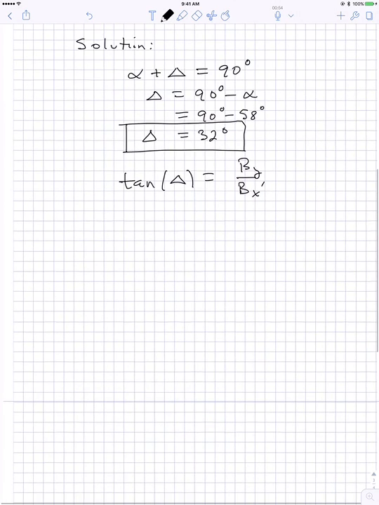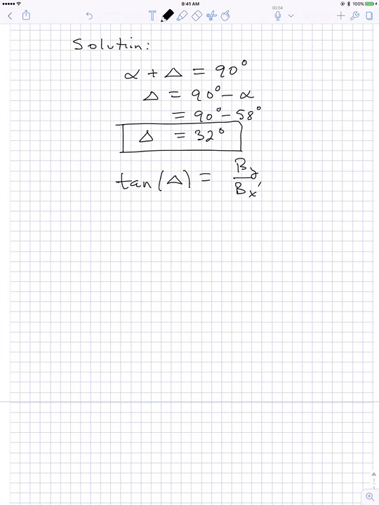We know some of these things. We know that we're looking for bx prime. So we solve, and we would get that to be by over tangent delta. by is 3.4 kilometers divided by tangent of delta.